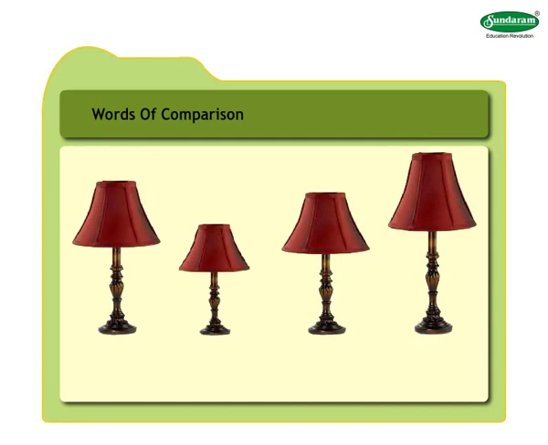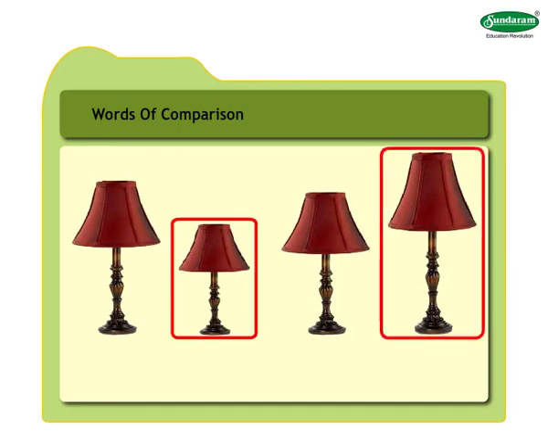You can see lamp posts of different sizes. One is short while one is longer. We can see a shortest lamp post. Put one dot below it. We can see the tallest lamp post amongst all. Put two dots below the tallest lamp post.